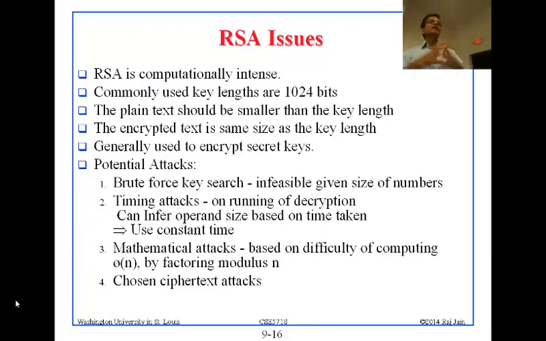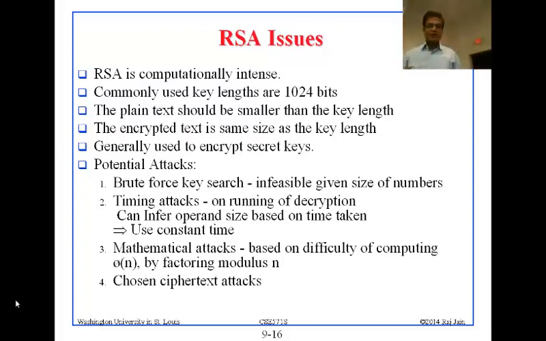I mean, if you take some number and you mod 187, and if you add that 187 to that number and you take mod 187, you come out the same number. So the larger messages are no good. The message has to be less than 187 when you are doing mod 187. Make sense? So the message sizes are very small.